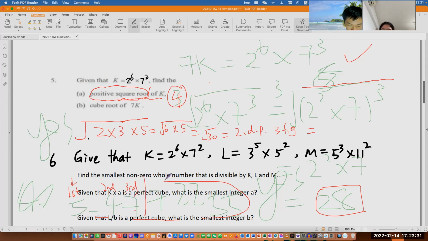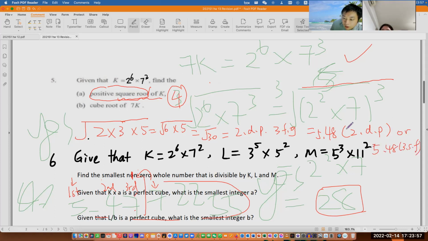Therefore you look at this also. 7 is more or equal to 5, so you add 1 to the 7. So you end up with 5.48 as well for 3 significant figures. So they are both 5.48.